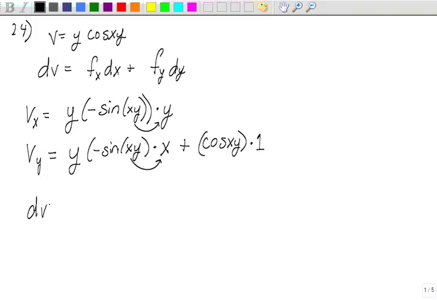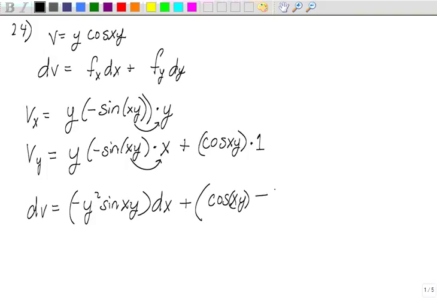So dv is going to be minus y squared sine(xy) dx plus cosine(xy) minus xy sine(xy) dy. And that's it.